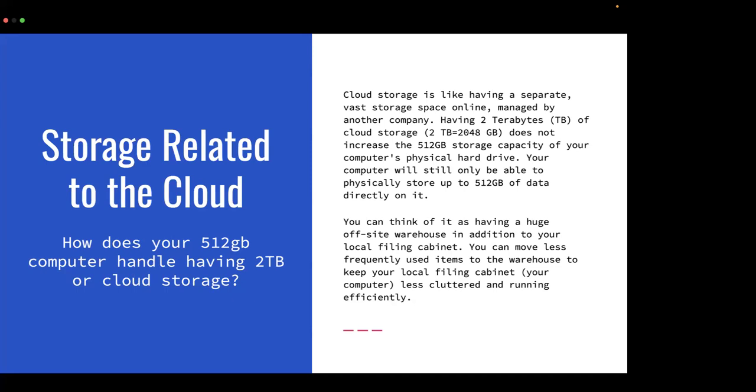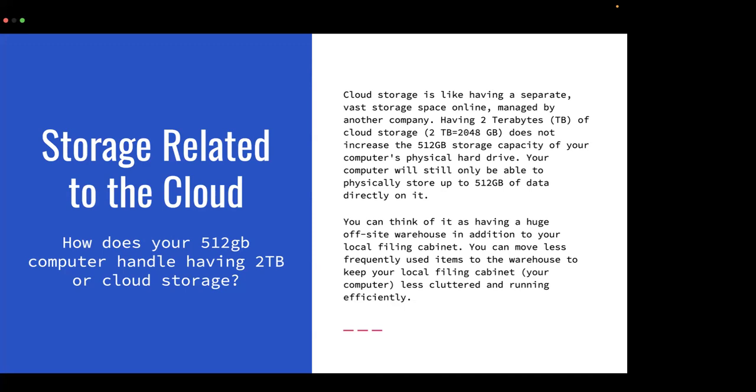In this example, you have a computer with 512 gigabytes of storage space, and you bought a big amount of cloud storage, 2 terabytes. How does that work? Your computer is roughly a quarter the size of the cloud storage you have. So it has more storage than your physical hard drive.